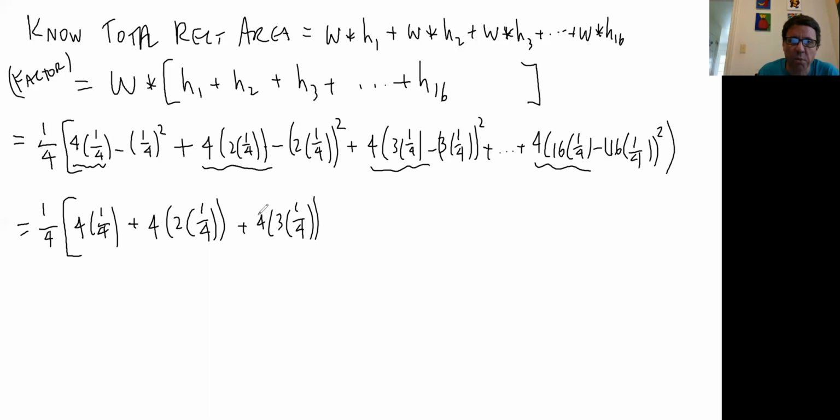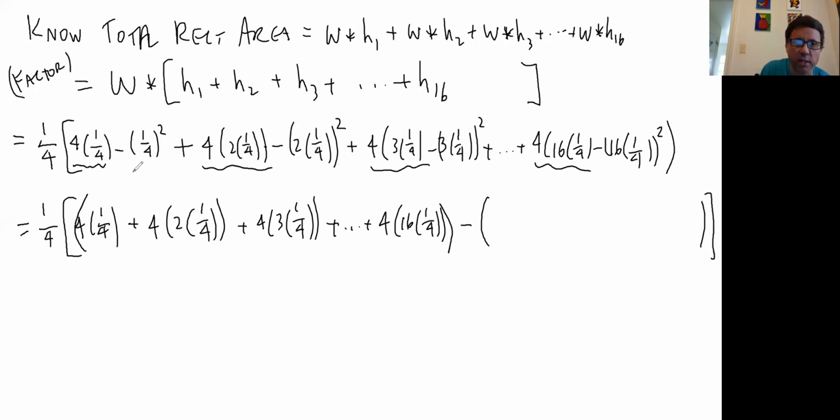And if I keep going, it would be 4 times 4 copies, 5 copies, 6 copies, all the way across until I hit 4 times 16 copies. And so I'm going to put a parenthesis here.